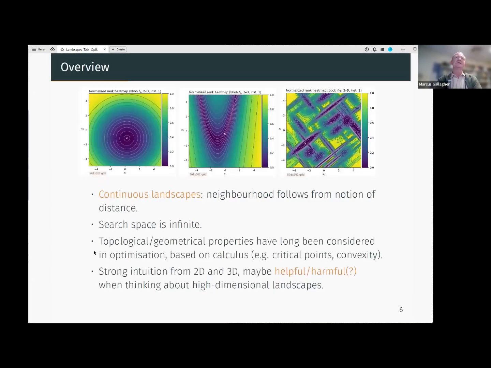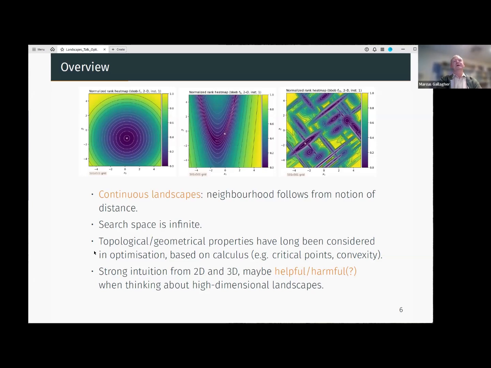For continuous landscapes, so my work's all been about continuous landscapes, really. In a continuous optimization problem, you have the same kind of definition as for discrete, but now the notion of neighborhood is going to follow from some notion of distance in this continuous space.